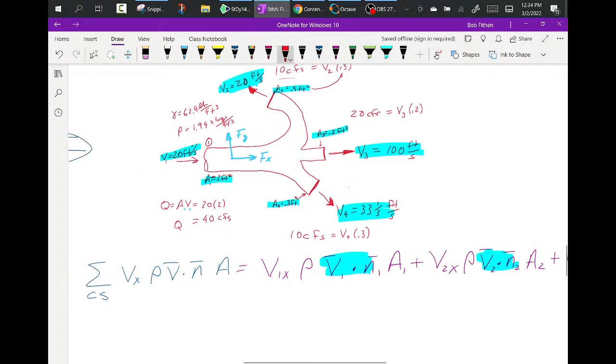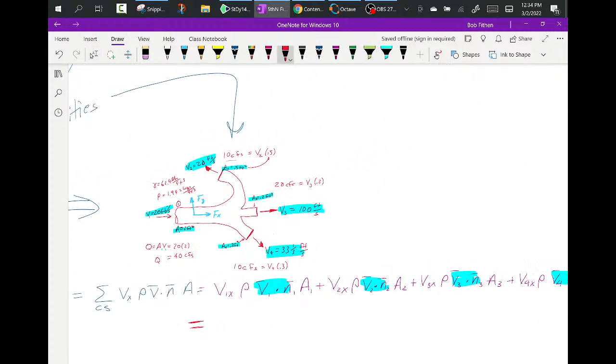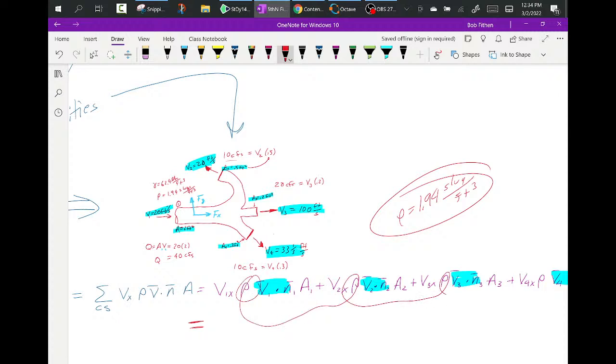Well, I'm going to look at the right hand side for a while. So let me put my equal sign down here. Okay, so it's true, rho is equal to 1.94 slugs per cubic foot, but I'm not going to put that in yet, and I'm just going to carry it as a variable for a while.